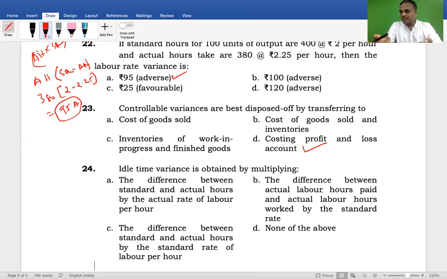Time in which workers are not engaged in production activity but are paid wages even for such unproductive time is called idle time. Therefore, the difference between actual hours paid and actual hours worked, by the standard rate. Therefore, option B is the correct answer.